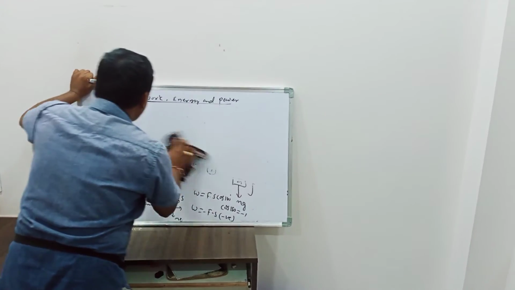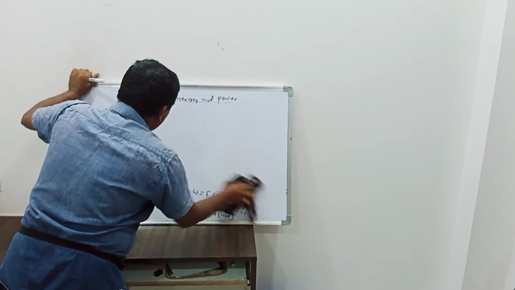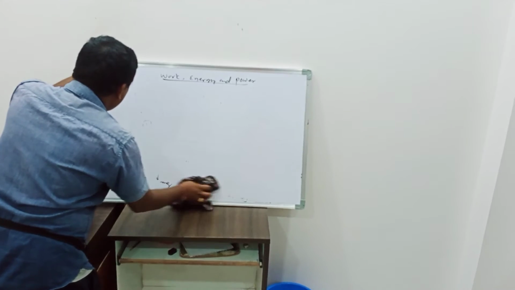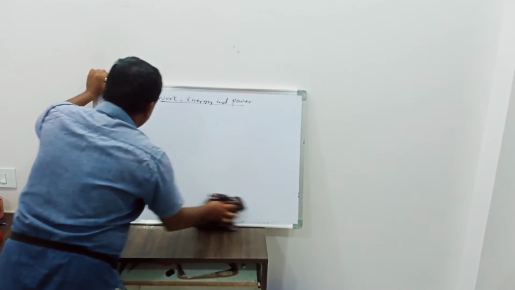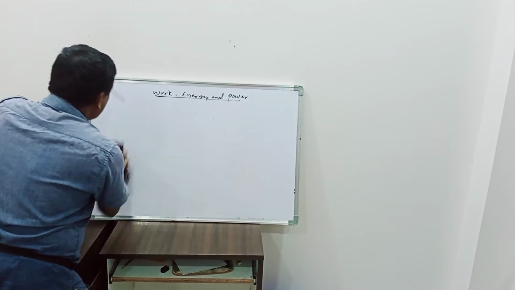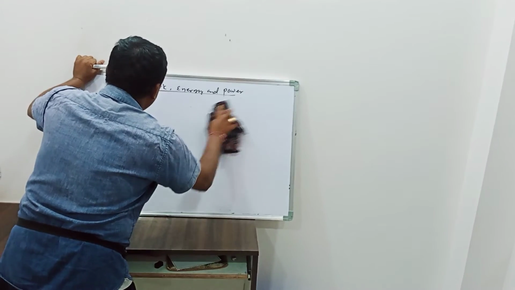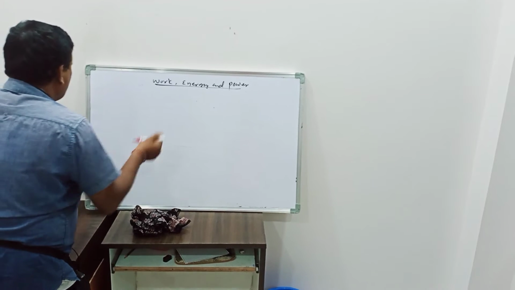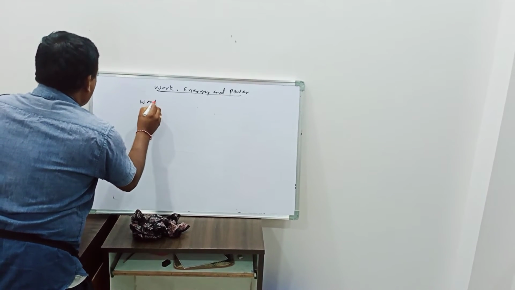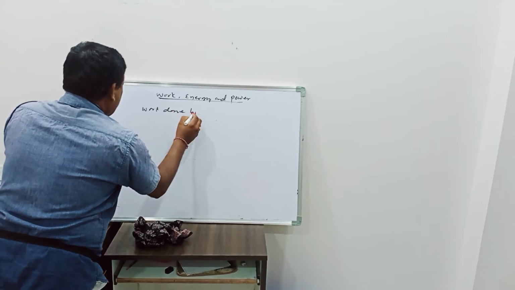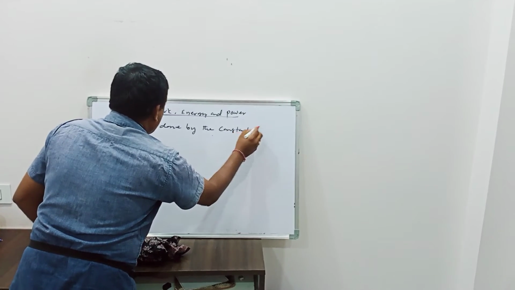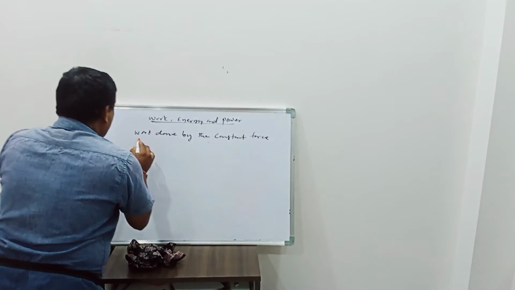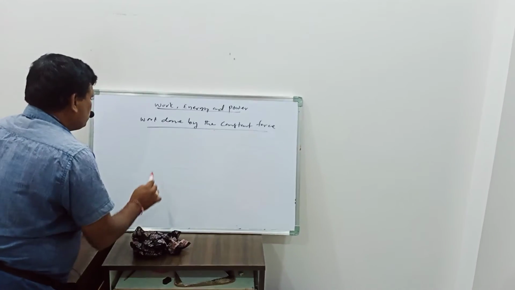Next I am going to give the graphical representation of work done by a variable force, and work done by a constant force. First, work done by the constant force.